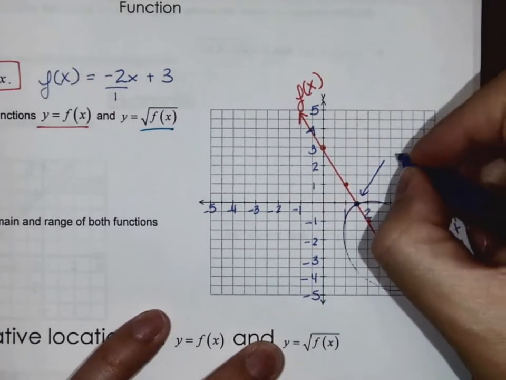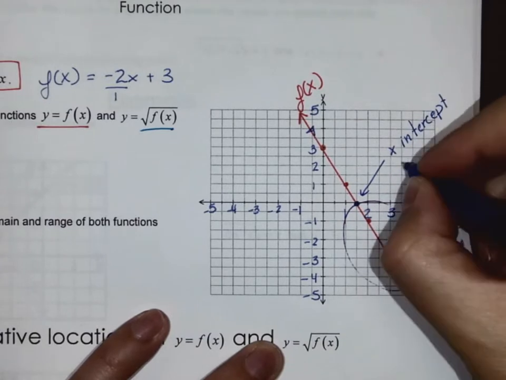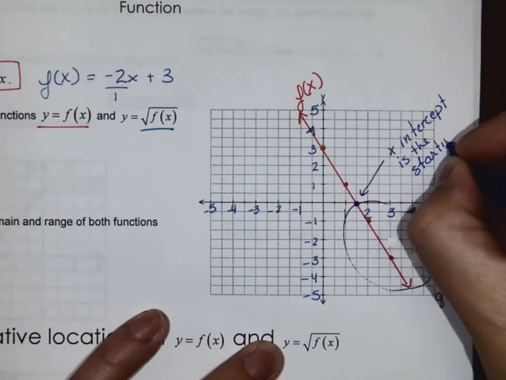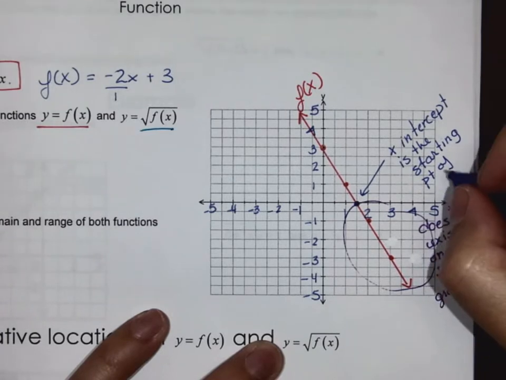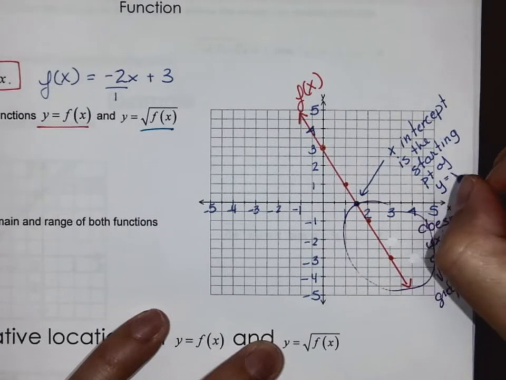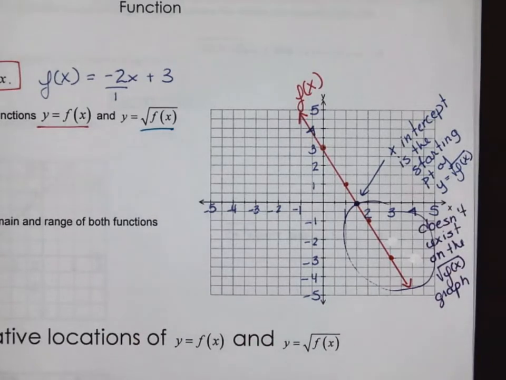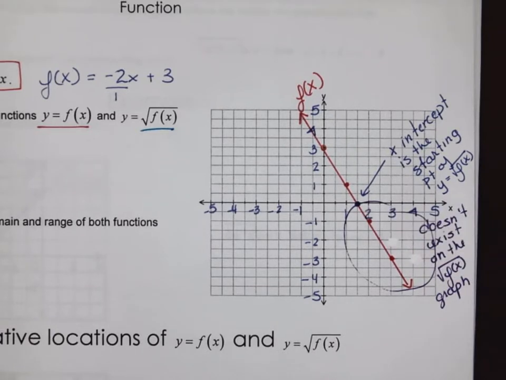So the x-intercept is going to be the starting point of the root graph, because that makes sense, because that's going to be the very first value that we have, right? Everybody agree with that? Okay. Super excited. Can we calculate that? Can we calculate the x-intercept?